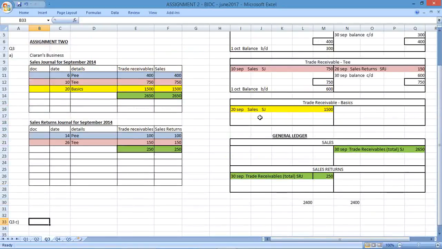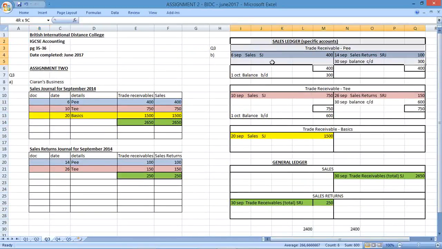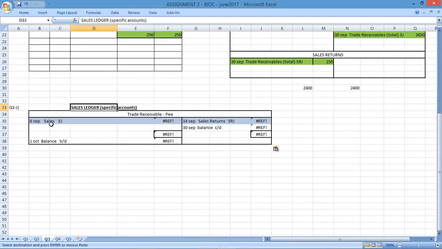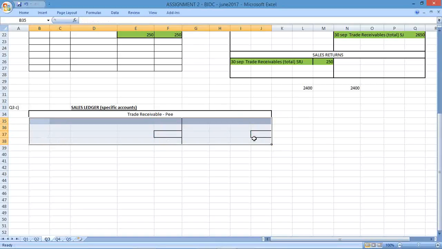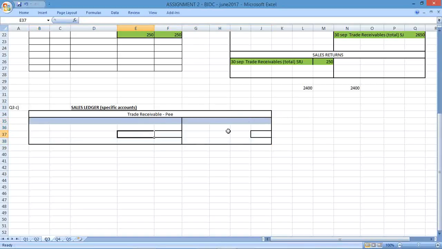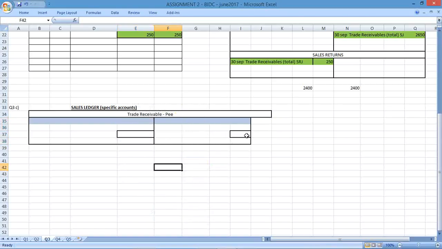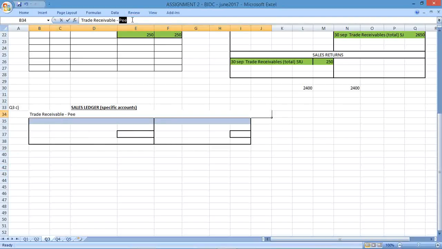So I'm going to have to draw up something that looks similar to this. Sales ledger for Rachel Smith.